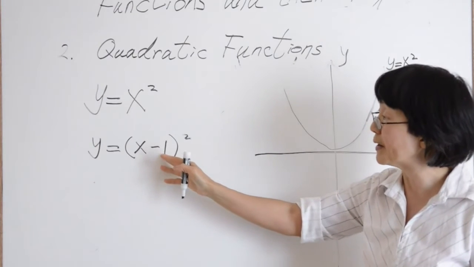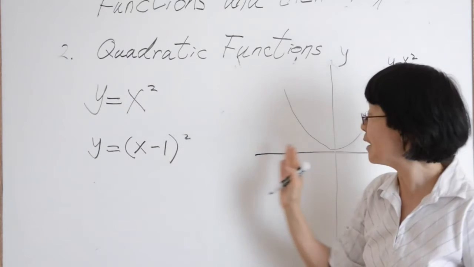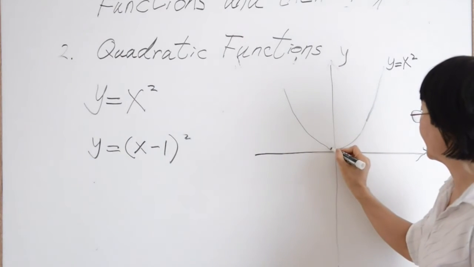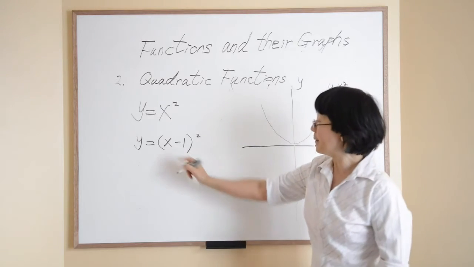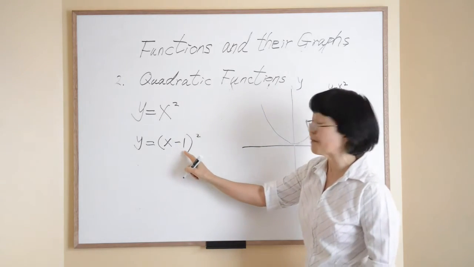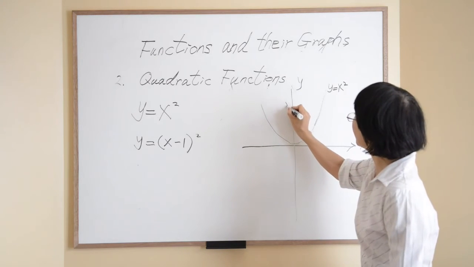You see the -1 is inside there. If it's minus, it means move right 1 unit. So this is 1 here. y = (x - 1) squared means move right 1 unit, so your graph would look like this.